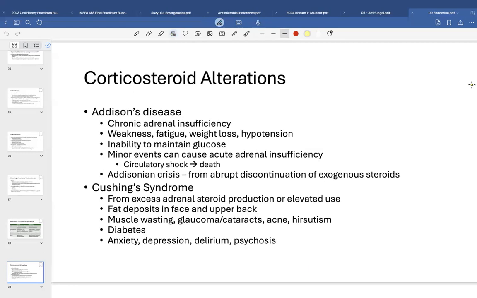The other cause of adrenal insufficiency is discontinuation of exogenous steroids. When you give a patient corticosteroids over a long period of time, you will actually cause your adrenals to shut down, to at least, relatively speaking, decrease their output.